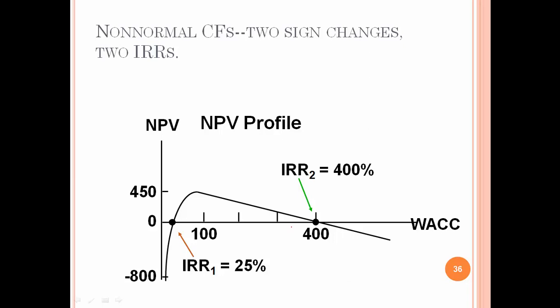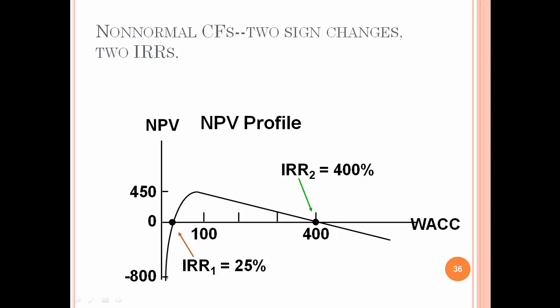However, in this case, if we try to map the NPV of this non-normal project, we notice that when we have a 25% WACC, NPV is 0. And then when we have a 400% WACC, NPV will also be 0. So we have a project that has two IRRs, and under each IRR, NPV is 0.